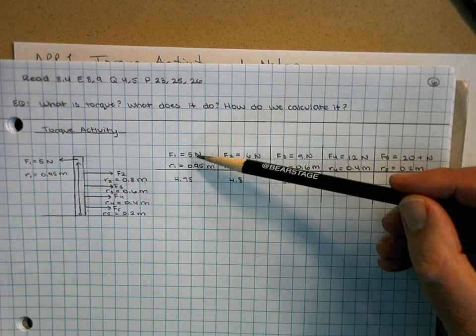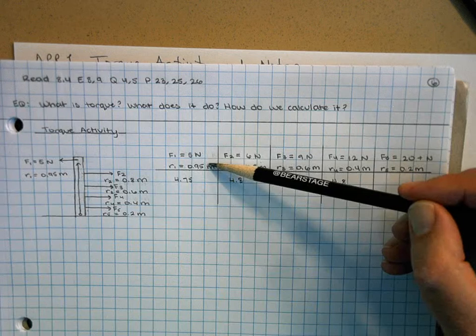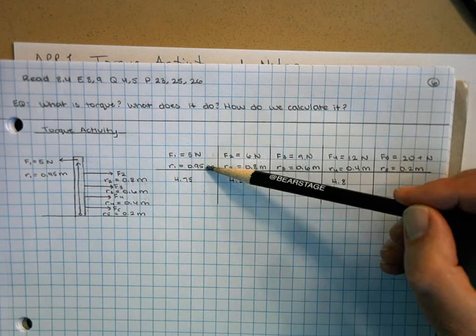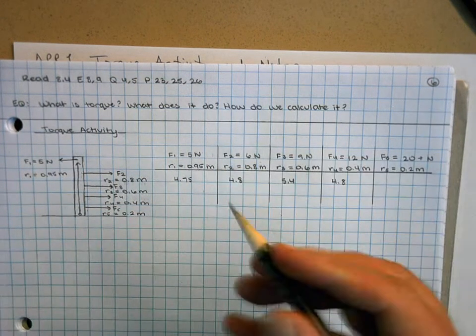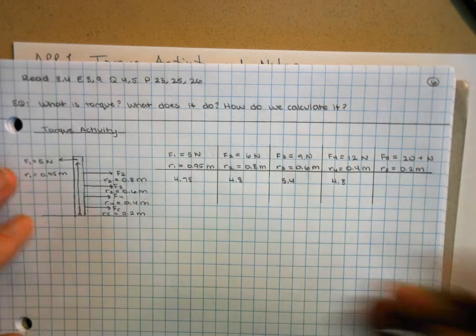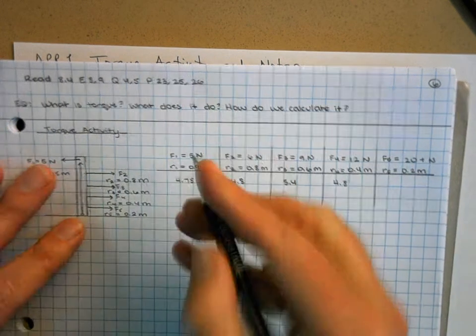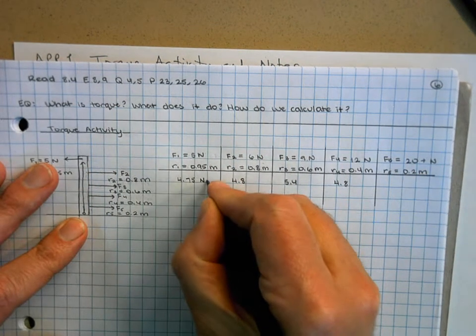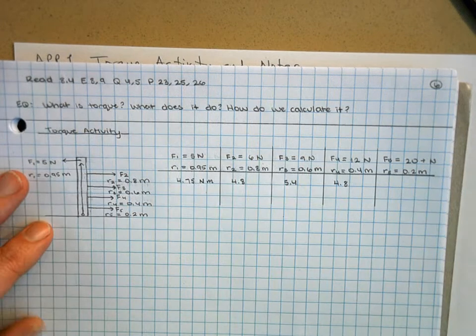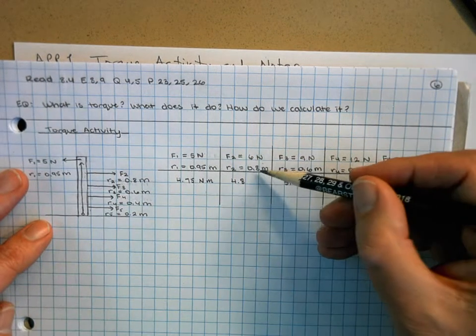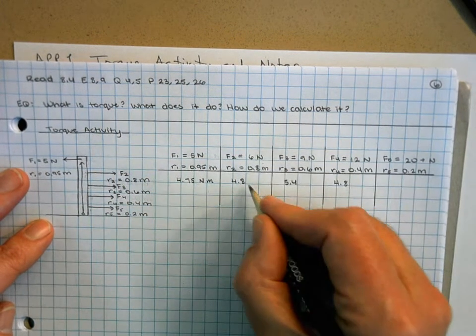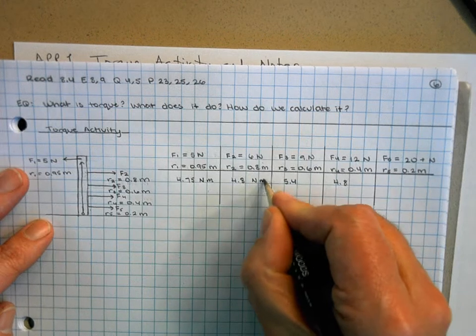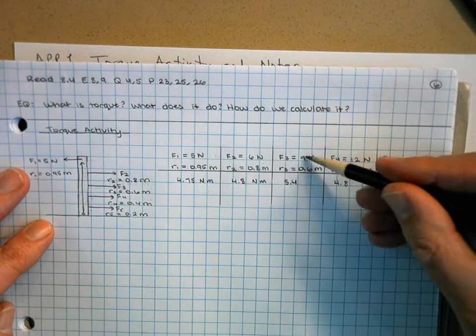We said, hey, what is 5 newtons times 0.95 meters? Well, it's 0.475. Now I'm going to put the units in here. And my handwriting's pretty good, Kendall. So this is Newton meters. And here we got 0.8 times 6. That's 4.8 Newton meters.